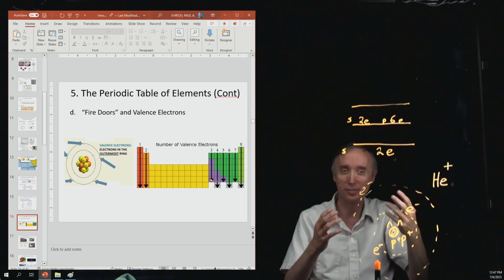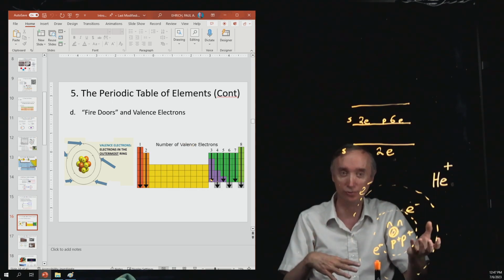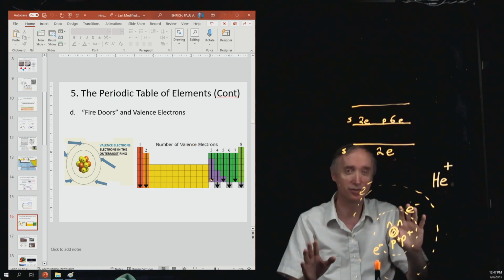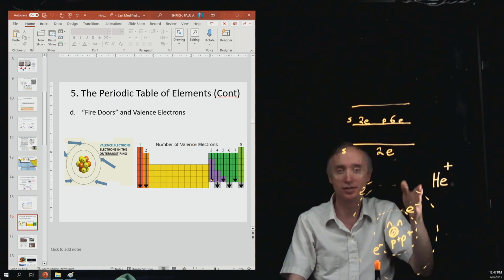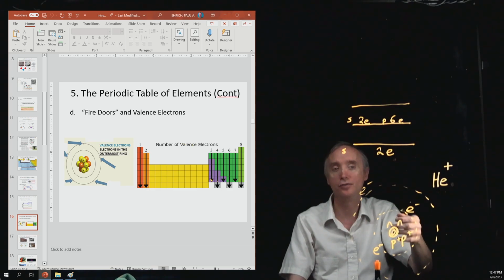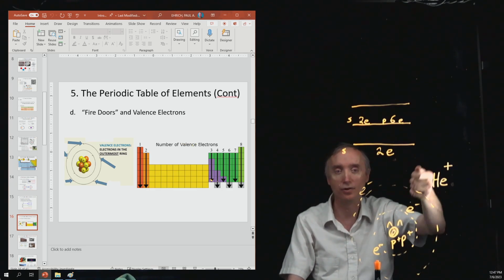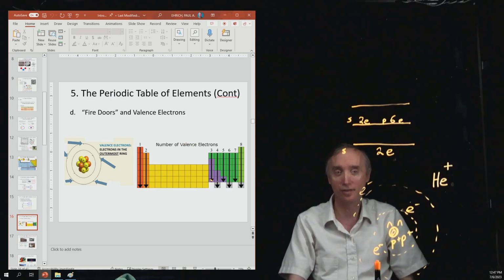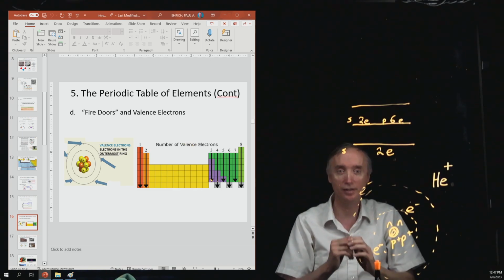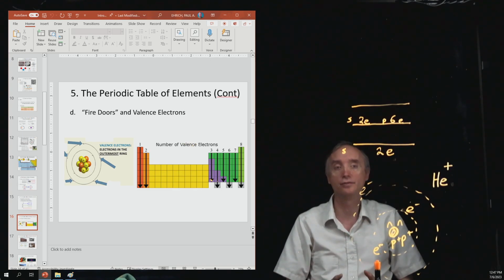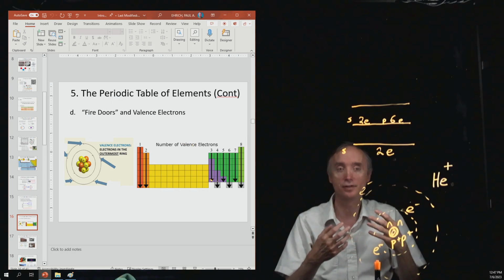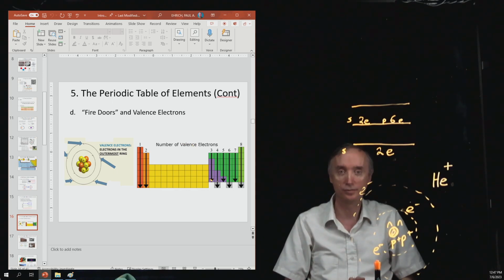Well, another magic number is 2 for helium. Don't worry about it, okay? It's in that first column. If you strike a match and you hold it up to helium, nothing happens. It's completely unreactive because it has achieved its magic number.